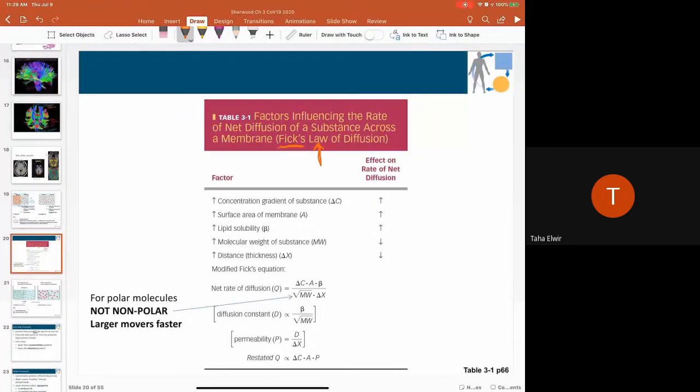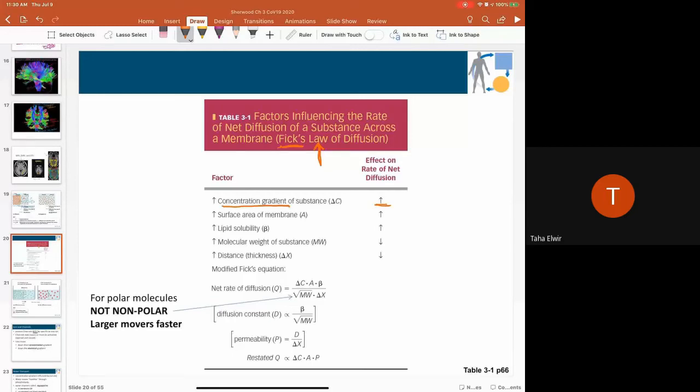And he's summarizing what we've discussed so far, that there will always be a concentration gradient. So there will be an area of high solute concentration or low water concentration, and then in the other area, low solute, high water. The higher the concentration gradient is, the faster the rate of diffusion.